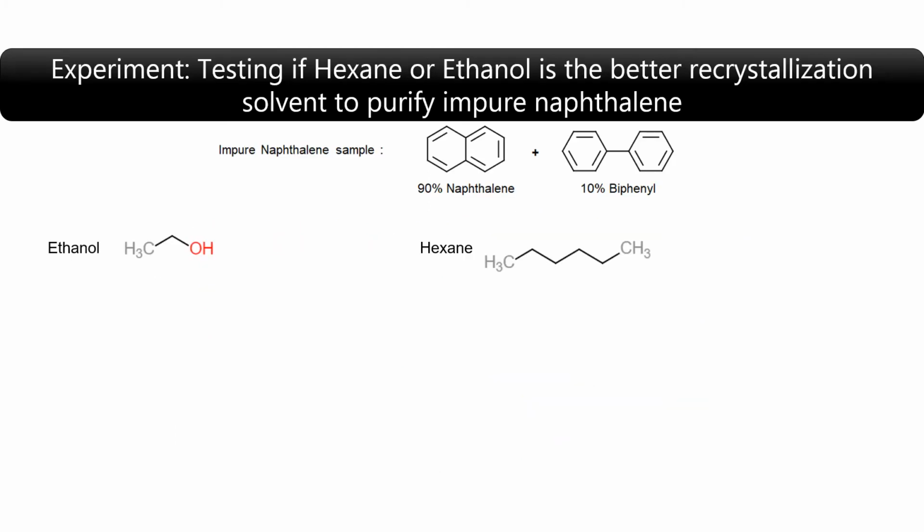For today's experiment, you are given an impure sample of naphthalene and asked to use two potential recrystallization solvents, ethanol and hexane, and recrystallize this impure naphthalene sample to obtain pure naphthalene crystals, and then compare which solvent between ethanol and hexane served as the better recrystallization solvent.